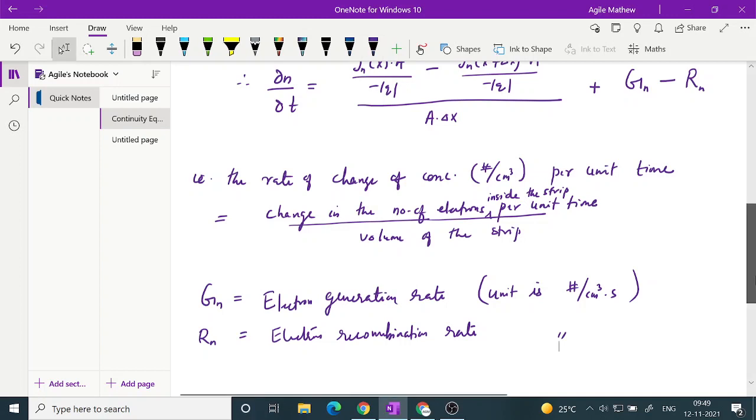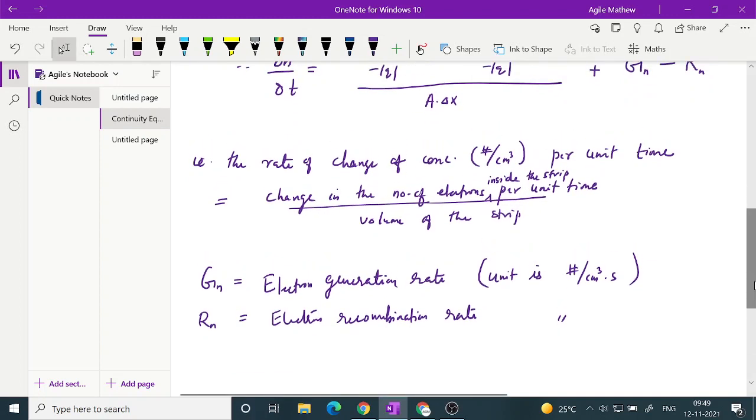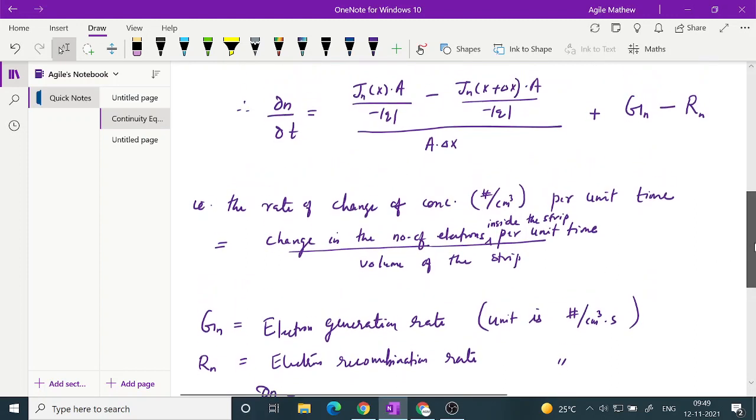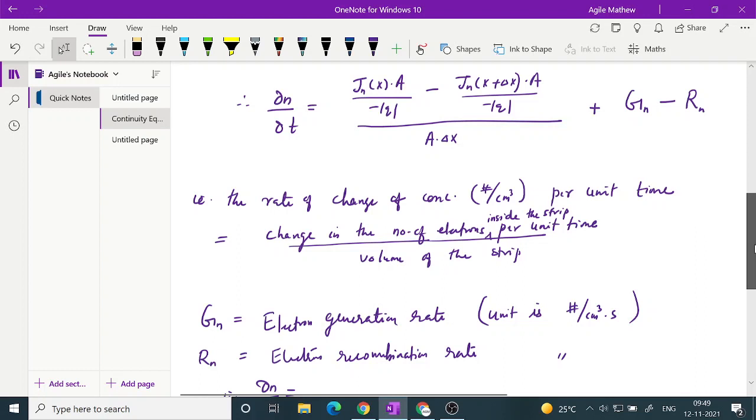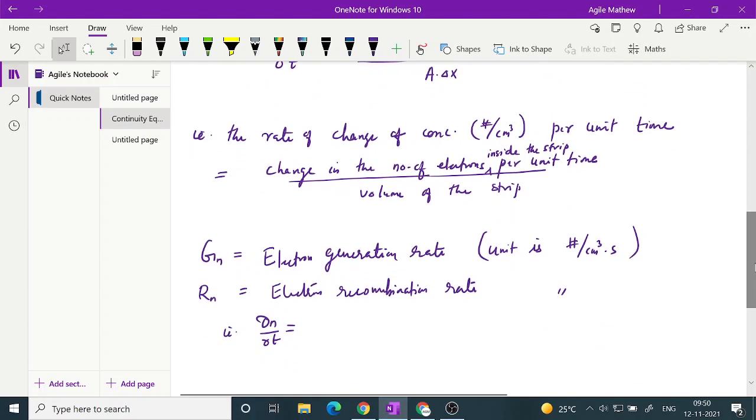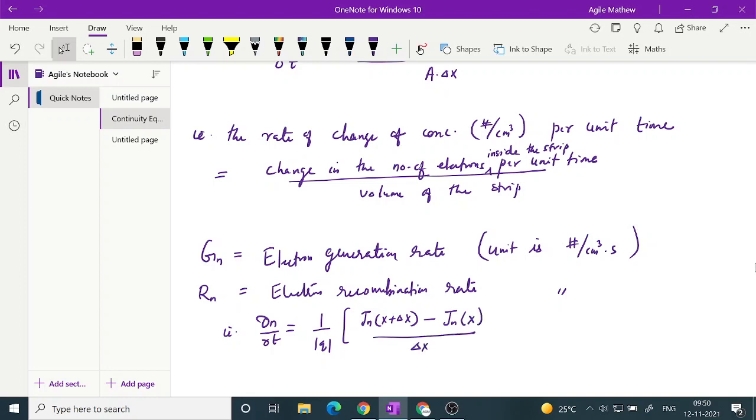Let us rewrite this expression. We have dou n by dou t is equal to, so you can cancel this A from both sides, and combine all the terms. So you will have 1 by modulus q, then in brackets, jn of x plus delta x minus jn of x, divided by delta x.